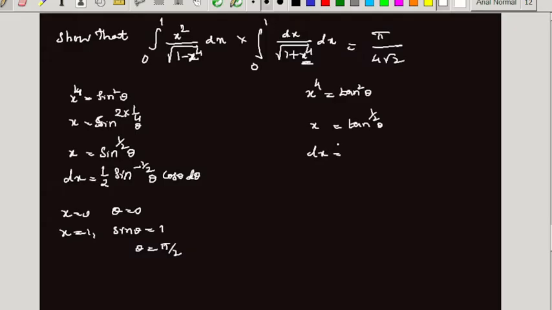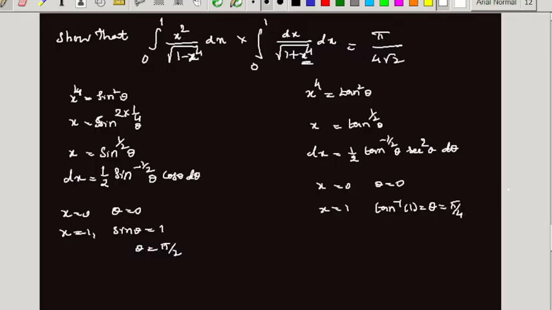So dx we can write it as 1 by 2 tan power minus 1 by 2 theta, and derivative of tan theta is secant square theta into d theta. x is 0, tan theta becomes 0 when theta is 0. x is 1, tan inverse of 1. When will you get tan inverse of 1? When it is pi by 4, tan 45 degrees, pi by 4.